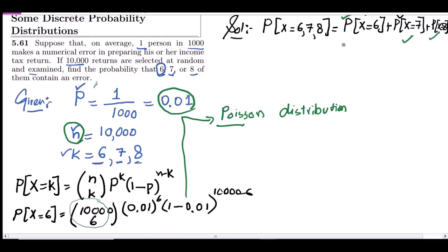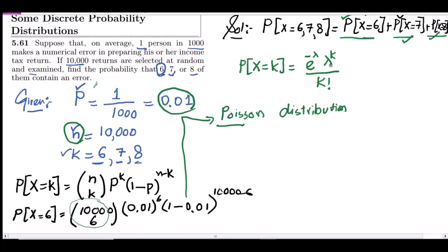So in the Poisson distribution we have to find this one and this one as well by using the formula. For x equal to k, the formula is exponential of minus lambda, lambda raised to the power k, divided by k factorial, for all the values of k, 6, 7 and 8, which are given here.